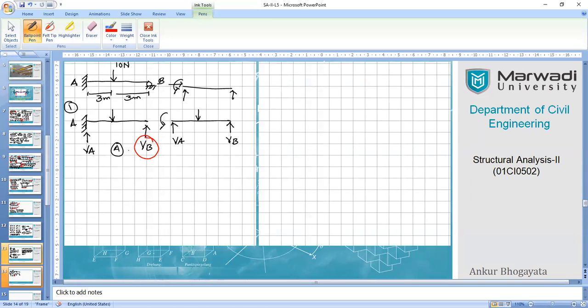If you remove it, your structure becomes determinate. In option B, if you release the moment MA, your structure becomes determinate. After identifying the redundants, this is called the redundant quantity. Redundant means additional, extra.